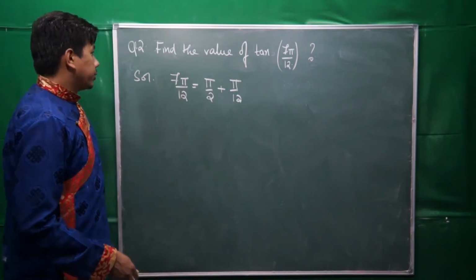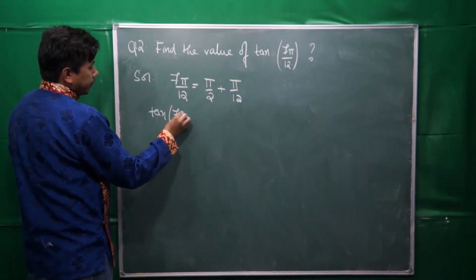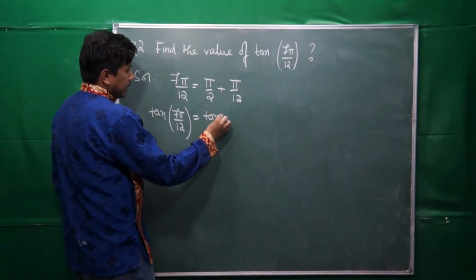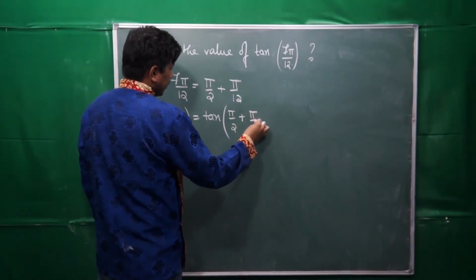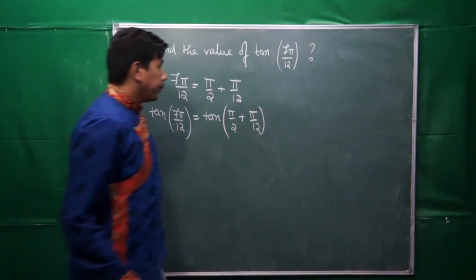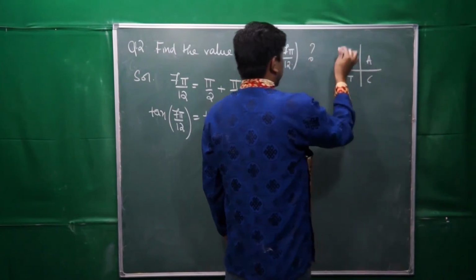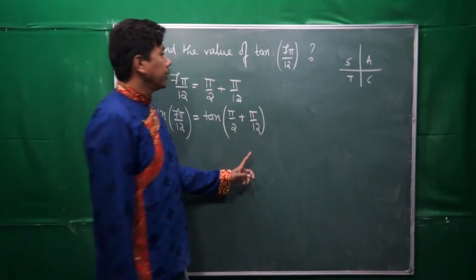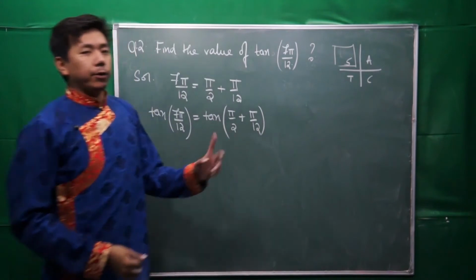So I'm going to write tan 7 pi by 12 as tan of pi by 2 plus pi by 12.